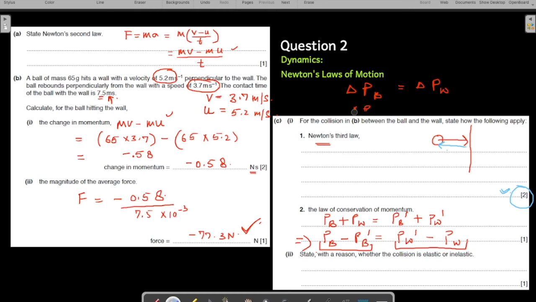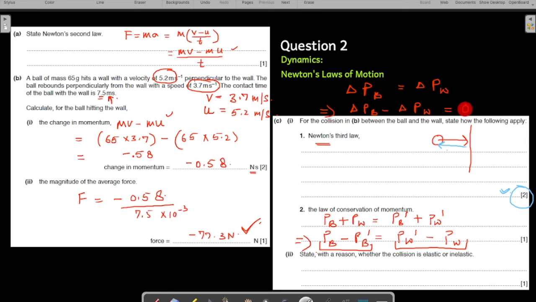I'll write it more neatly. Change in the momentum of the ball minus change in the momentum of the wall, if you subtract them, what do you get? Same thing, right? Either you say it this way, or you say change in the momentum of the ball minus the change in the momentum of the wall is 0.